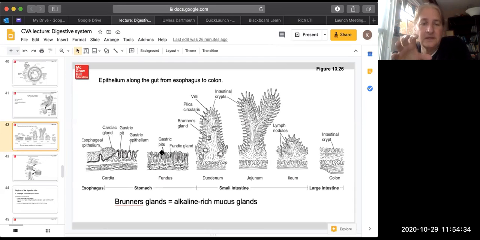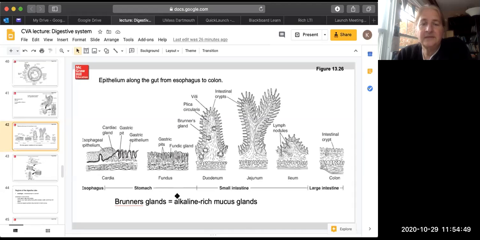It's like a storage of the food, and then it's passed on to the small intestine, and it changes from acidic to more pH neutral.